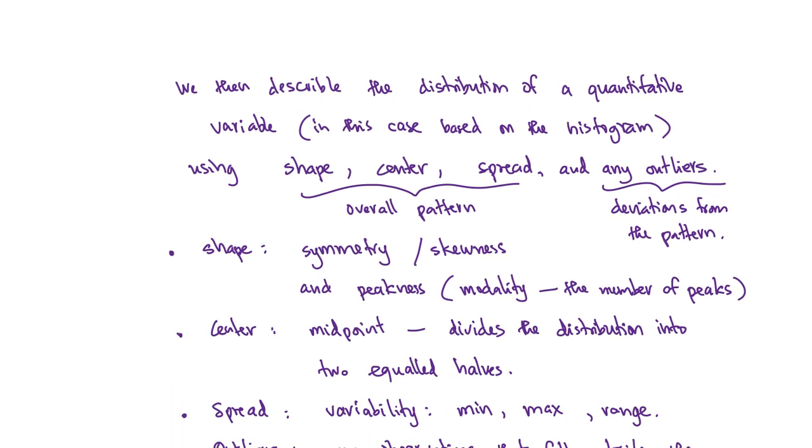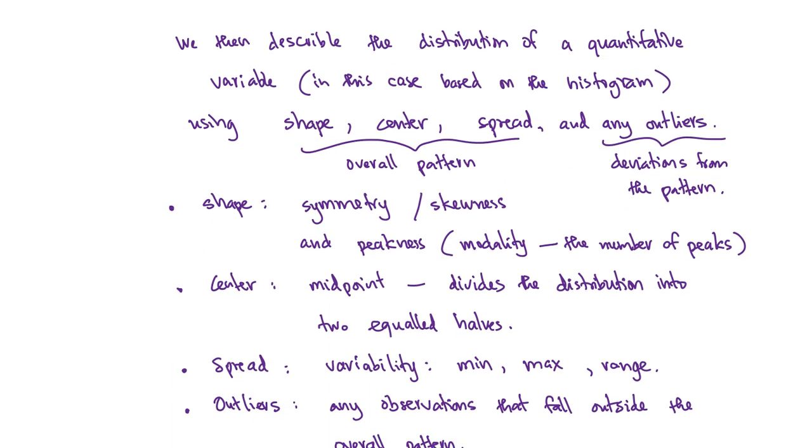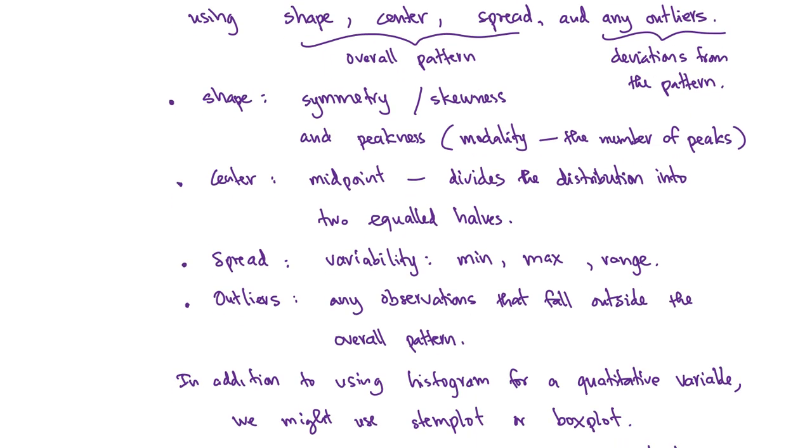We then describe the distribution of a quantitative variable, in this case using the histogram, using the shape, center, spread, and any outliers. The shape, center, and spread are called the overall pattern, and any outliers are the deviation from the pattern. When we describe the shape, we use the terms symmetry, asymmetry, skewness, and peakness.